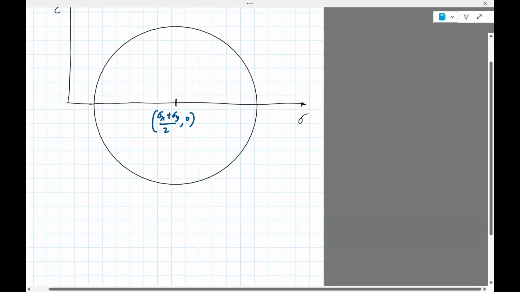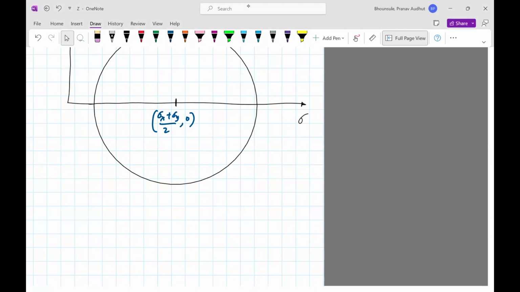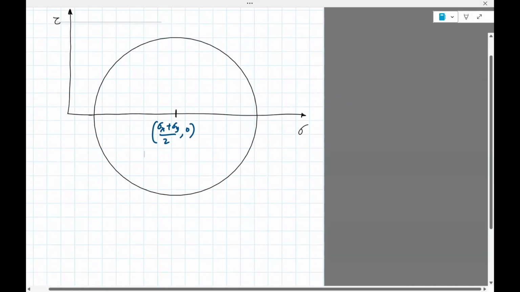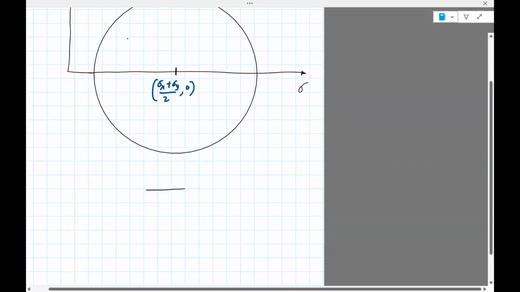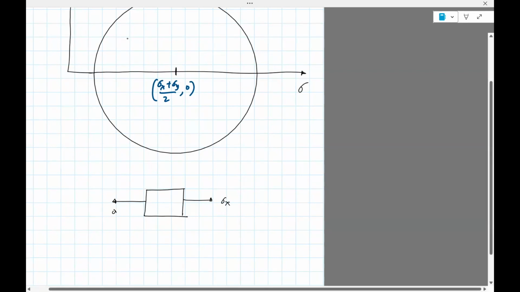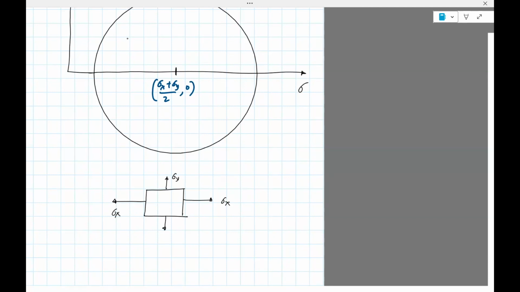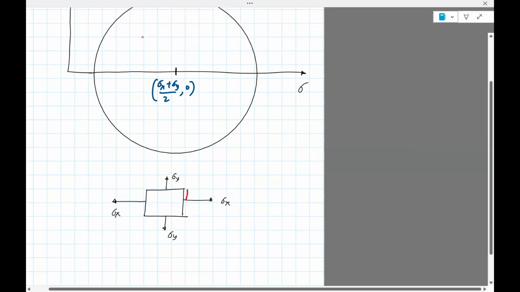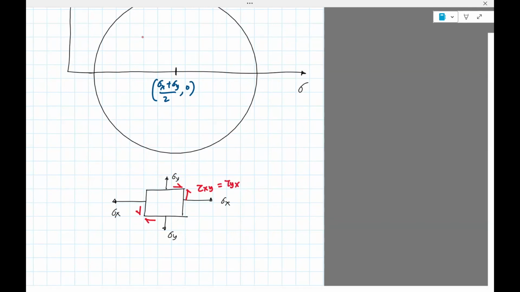Remember, everything we have talked about is tied to this square element with stress sigma x, sigma y, and shear stress tau xy equal to tau yx.